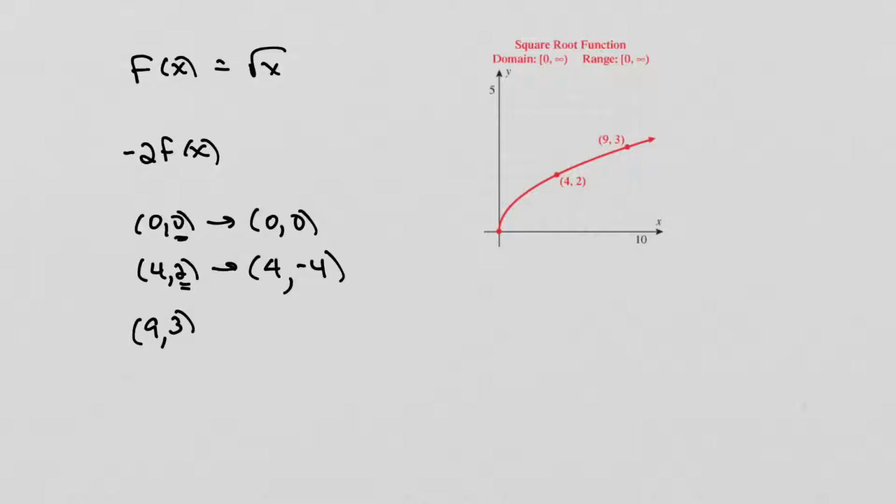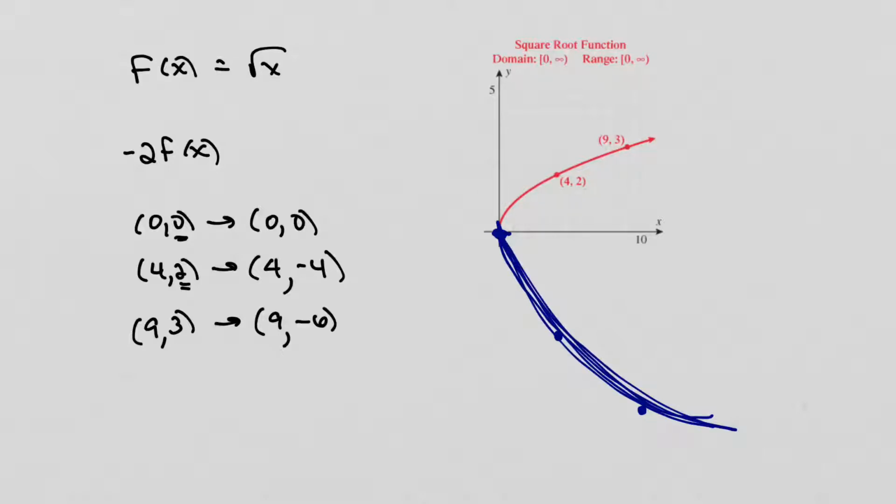And then 9,3, that's going to get mapped onto 9 comma negative 6. Okay? So we've got these points 0,0, 4, negative 4, and then 9, negative 6. Right? So it looks like I've got this particular function like this.